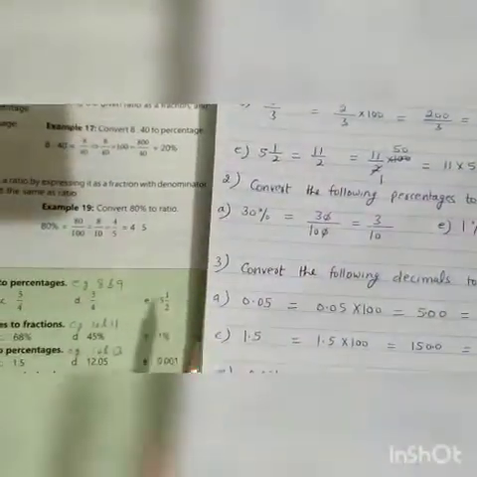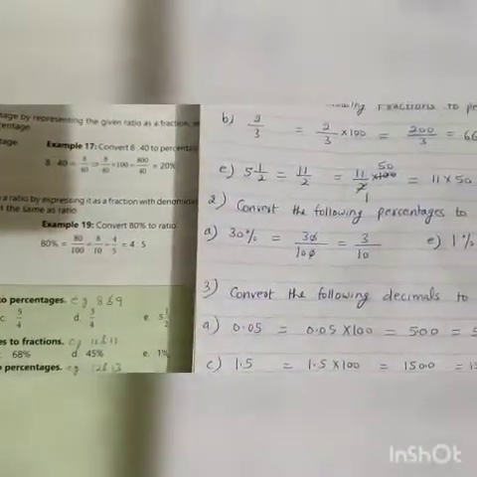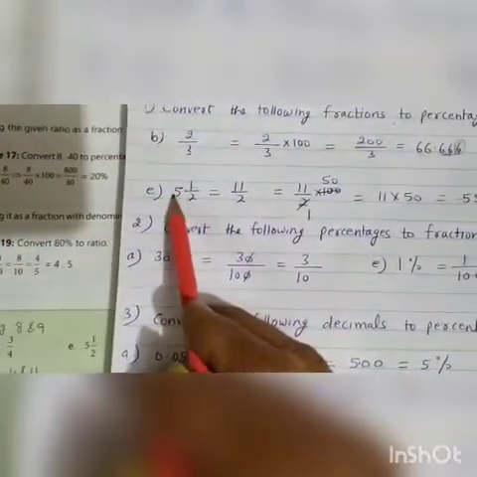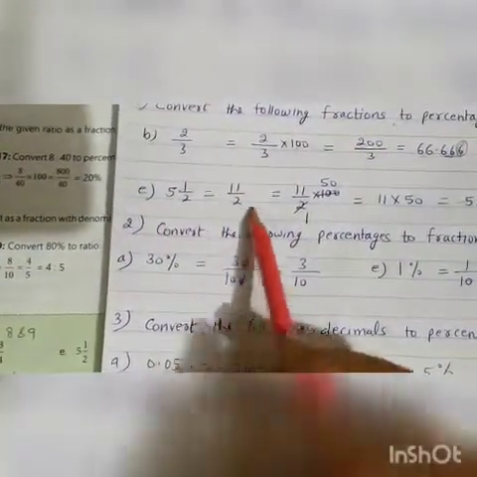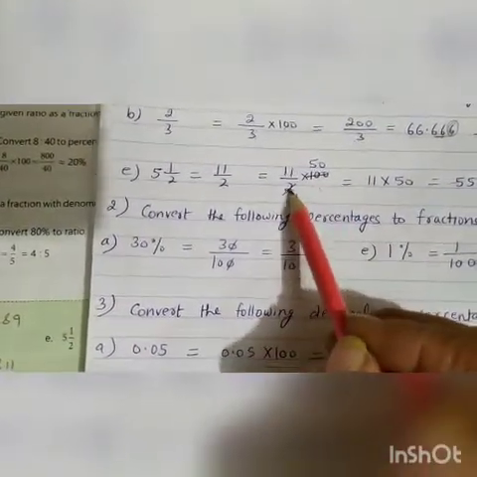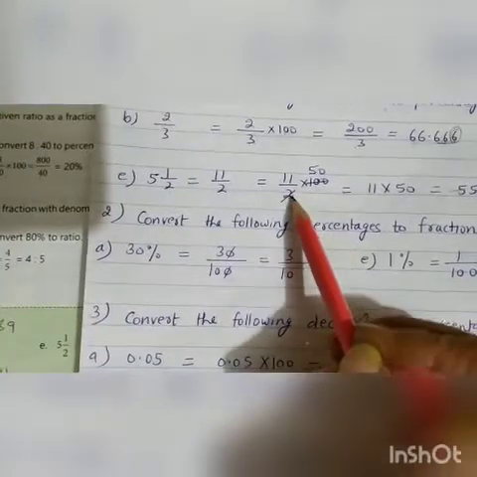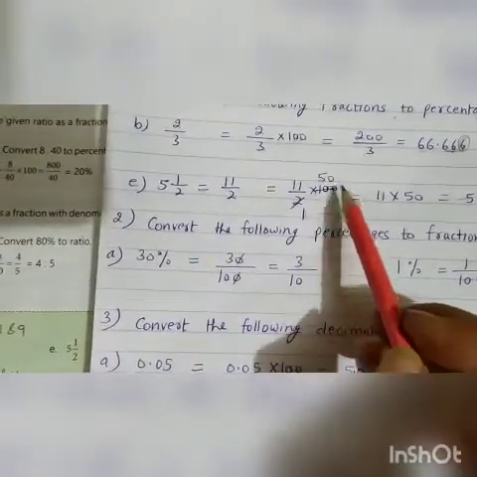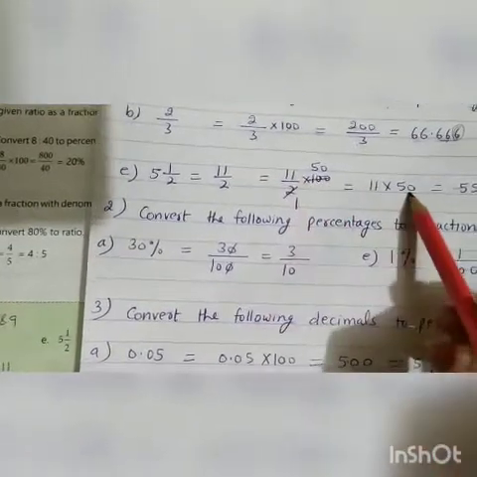Now its E part. E part in the book is 5 and 1 upon 2. So 5 and 1 upon 2 can be written as 2 fives are 10, plus 1, 11 upon 2. Now 11 upon 2 is multiplied by 100. Here we can simplify this 100 by this 2. 2 ones are 2, 2 fives are 10, 0. Now this 11 is multiplied by 50.